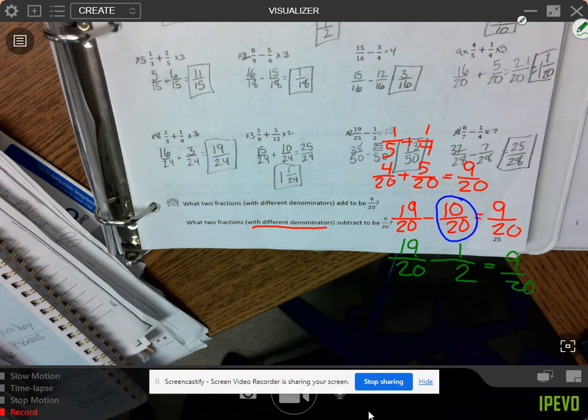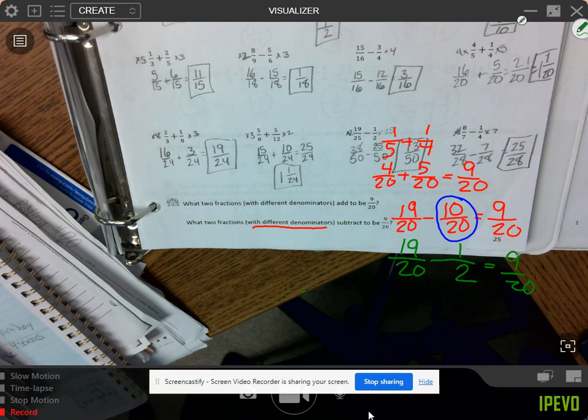So you had the first step. That's exactly what you should do. You should have it with the same denominator and then see what can we simplify. If we came up with two fractions that we can't simplify, then try it again. Find a fraction that you can simplify, and then all you have to do is simplify it, and you have two different denominators.